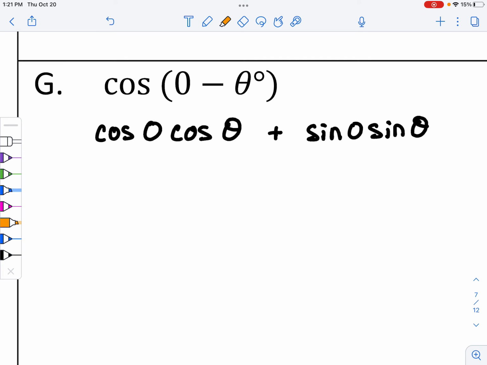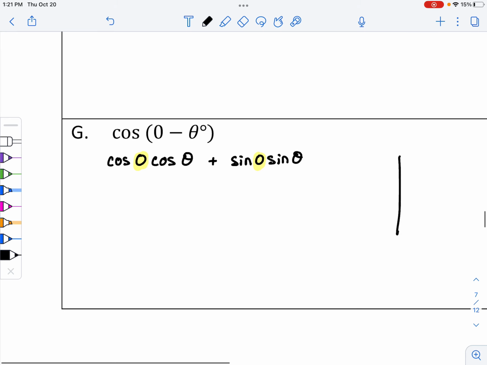Now the angle that we're working with is 0. Well, that is definitely one that we should know. At 0 degrees, sine of 0 is 0, cosine of 0 is 1, and tangent of 0 is 0. So let's do the substitution that I know that I can do.